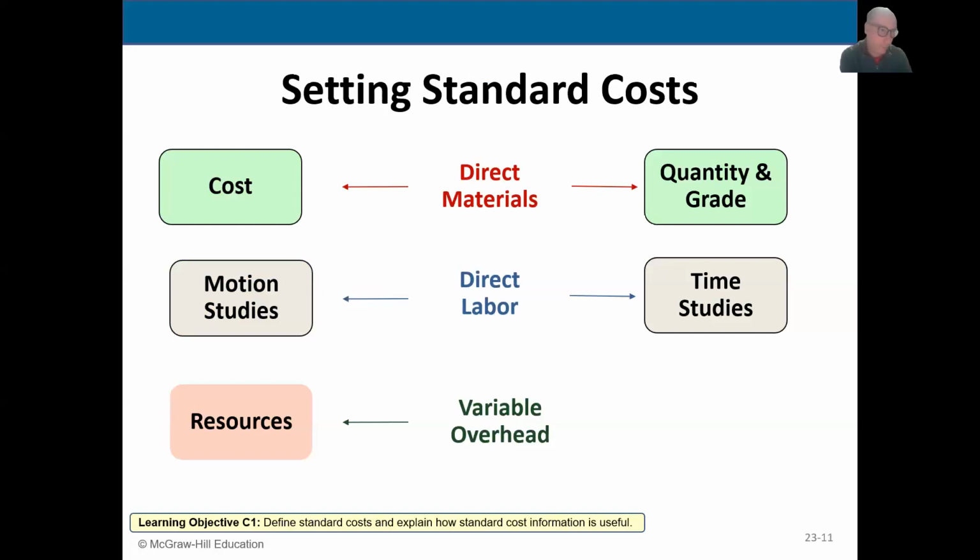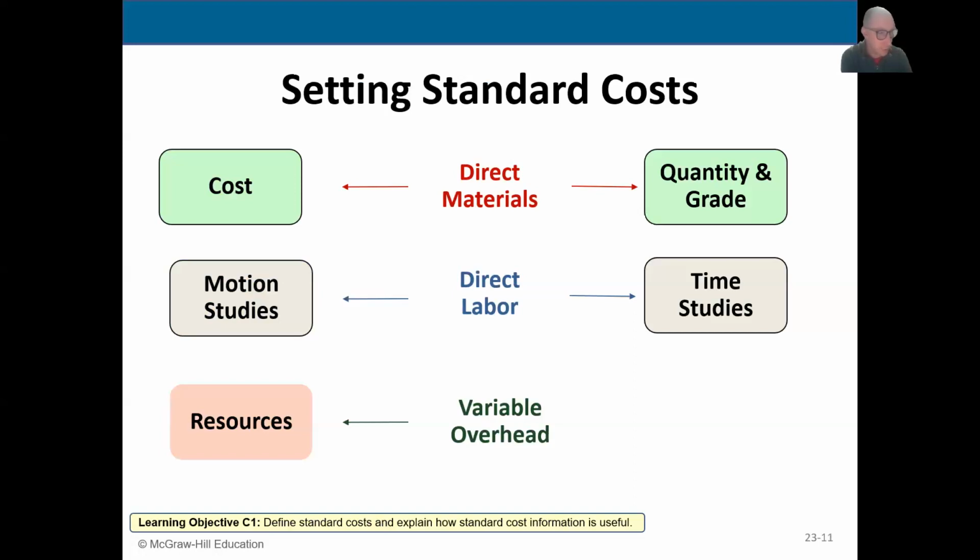So, for direct materials, I take the normal cost I would pay for the direct materials and I multiply that by the normal quantity and grade of the direct materials I would purchase. Why grade?